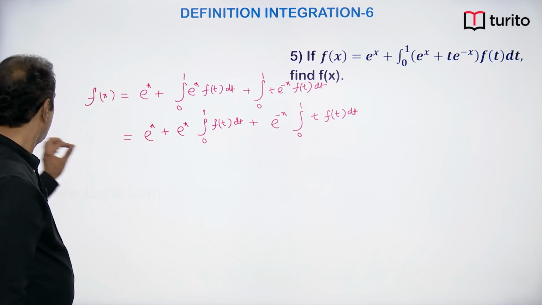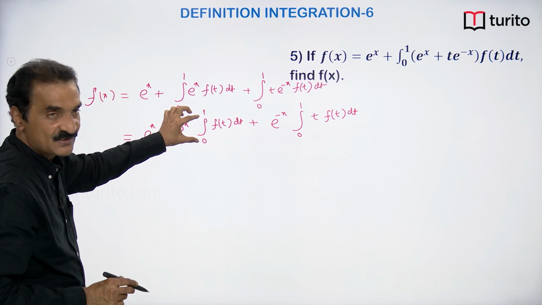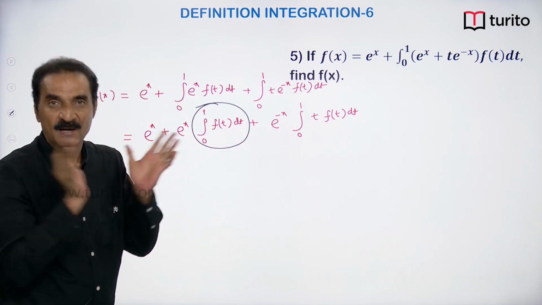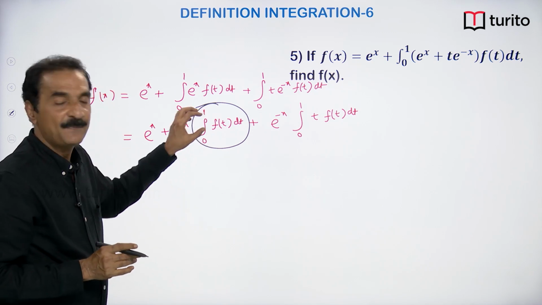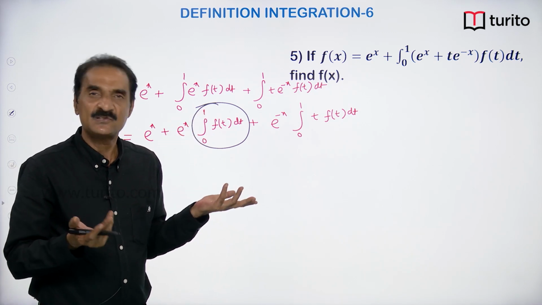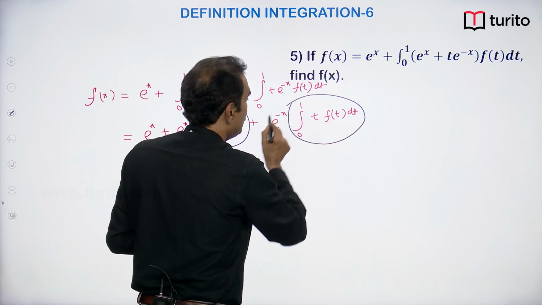Now, if the limits of a definite integral are constants, the total definite integral is a constant, a number. Whatever is the function, after integrating and substituting the limits, because the limits are constants, it is a constant. Similarly, this is also a constant number.